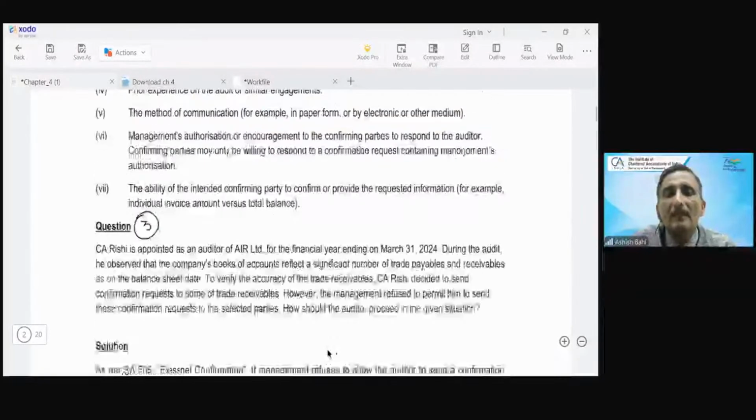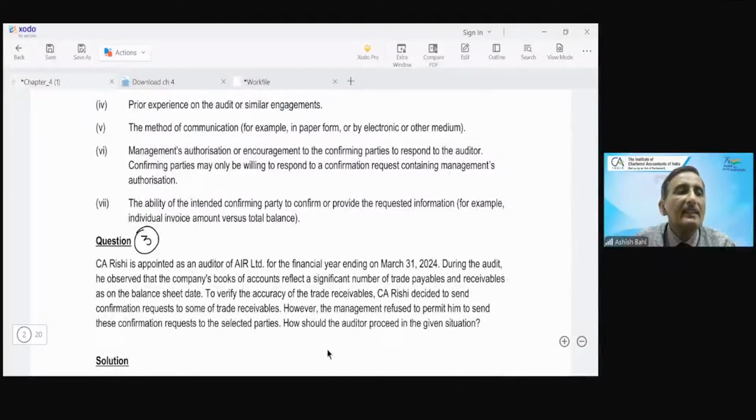Yes, see question number 3. Read this question first, then we will discuss. One auditor of a company wants to send confirmation requests to trade receivables, but the management is not allowing him. So what should he do?